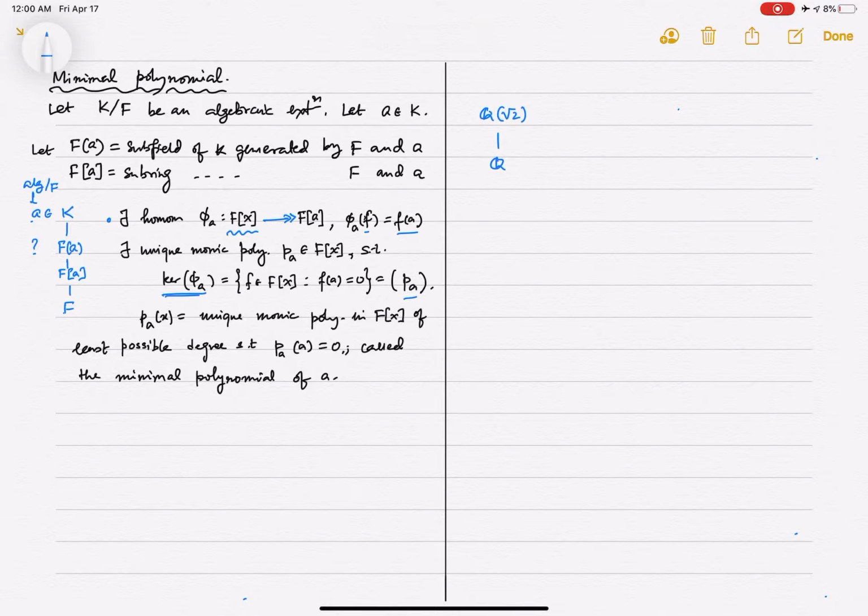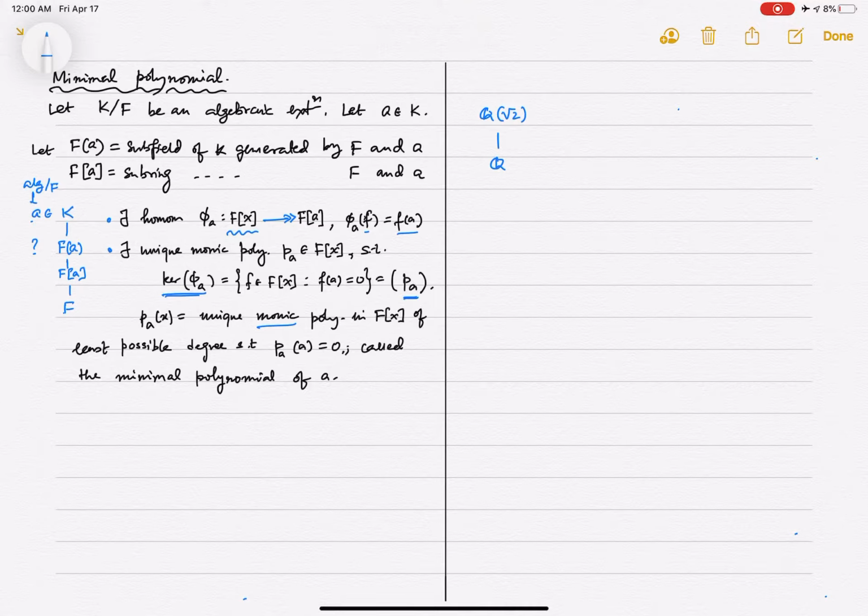How unique is this generator? Well, not exactly unique. You have a freedom, but not much. Any two generators are going to be scalar multiples of each other, so the only freedom you have is a non-zero element of f. If I insist that the top degree coefficient is 1, meaning that the polynomial is monic, then there is just one such polynomial p_a.